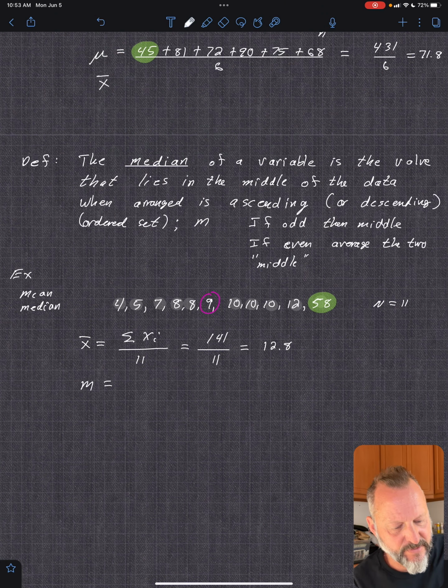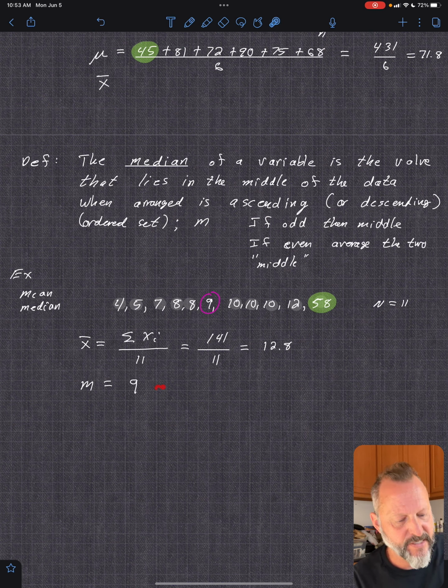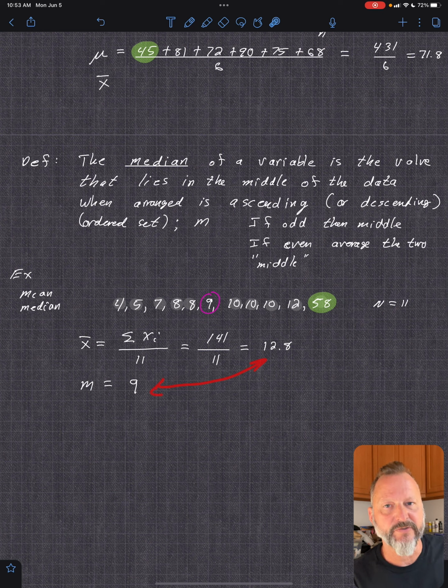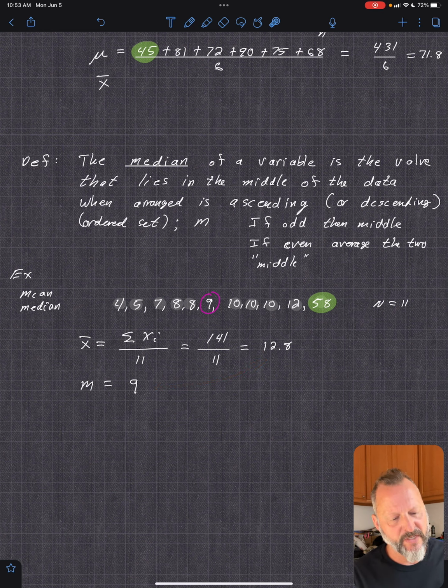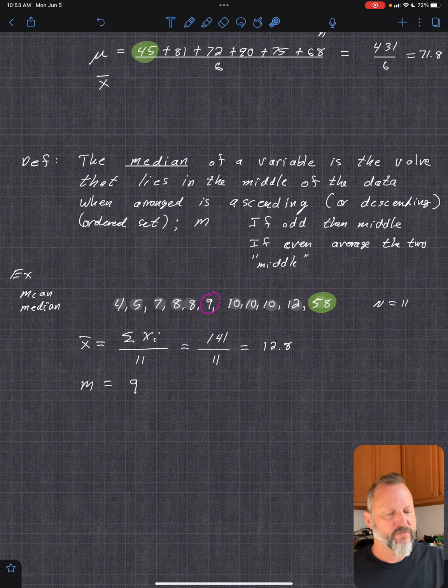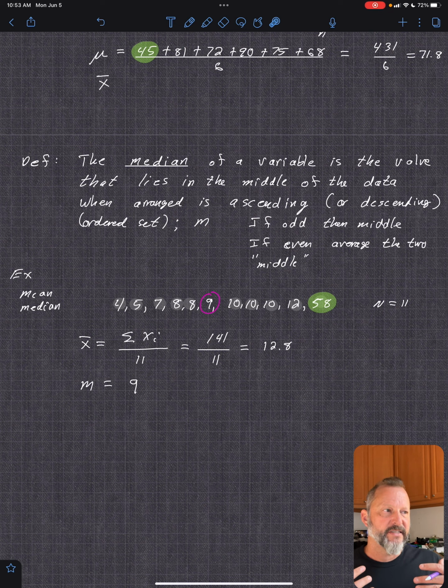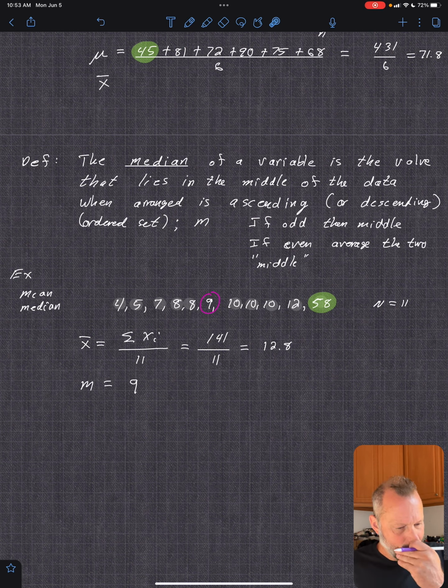Okay, so the median is 9. And look at how different that is, the 9 and the 12, almost 13. So 9 is really a better indicator of what that data set is. And it all depends on the information and how you analyze it. Okay, so the median is 9.